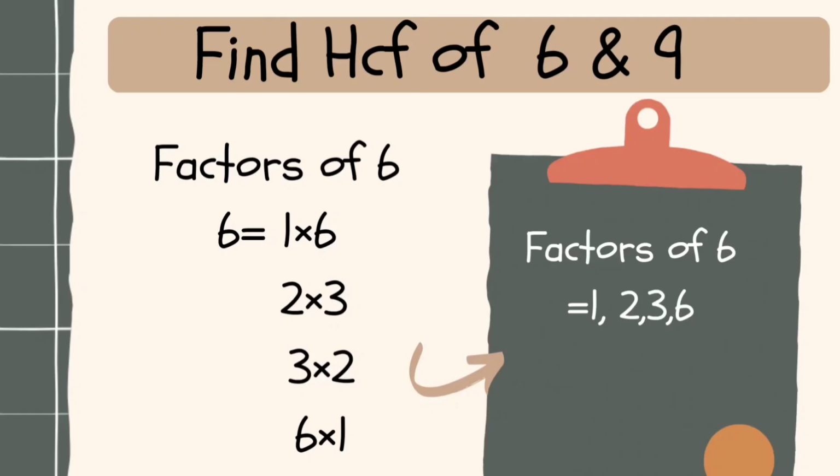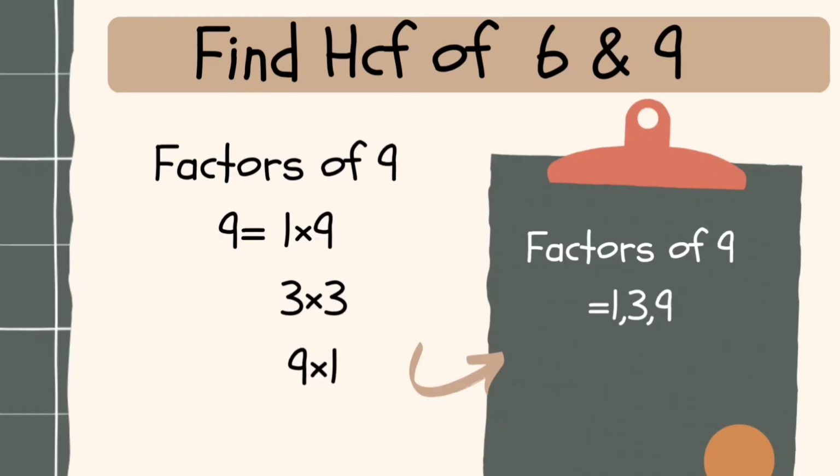By arranging in ascending order, the factors of 6 are 1, 2, 3 and 6. Factors of 9. 9 equals 1 into 9, 3 into 3 and 9 into 1. Like 6, by arranging in ascending order, we get the factors of 9 are 1, 3 and 9.